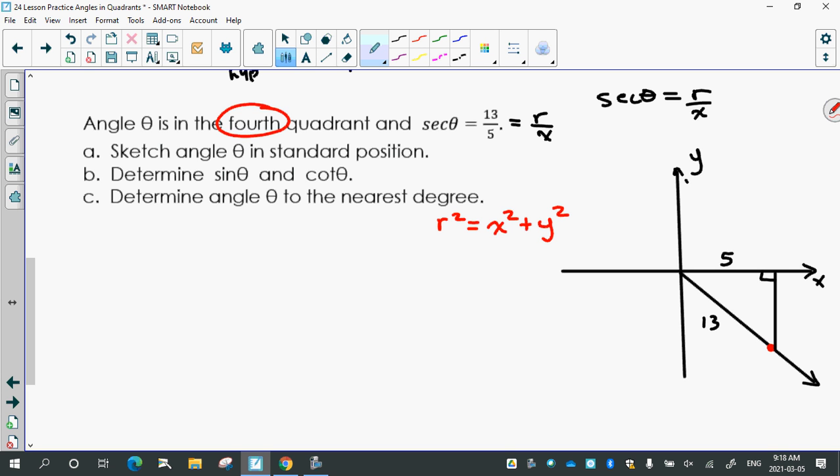So I can replace R with 13 squared. X is 5 squared. And then I'll just leave Y because that's what we want to solve for. So 13 squared is 169. 5 squared is 25.